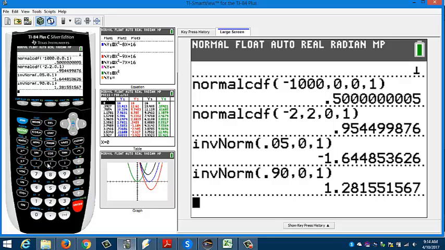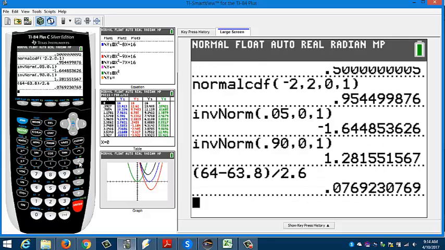So I'm going to open parentheses, and say 64 minus 63.8, close parentheses, and then divide by 2.6. And so it tells me that z-score is 0.077, let's say, right?